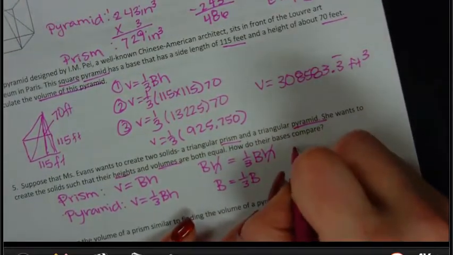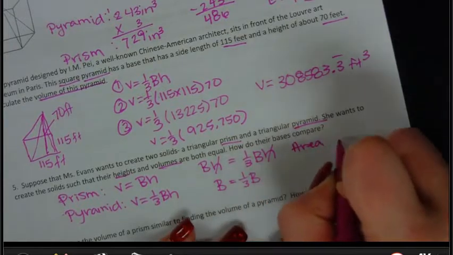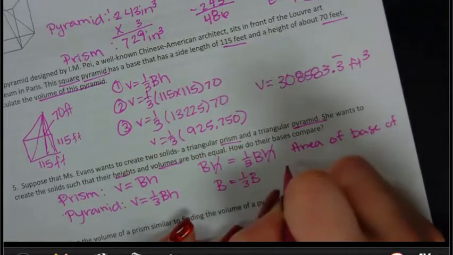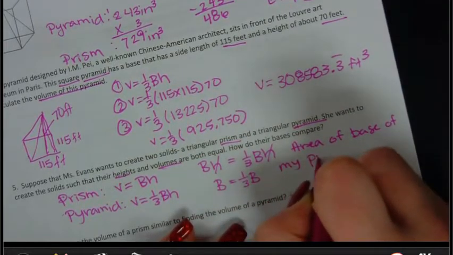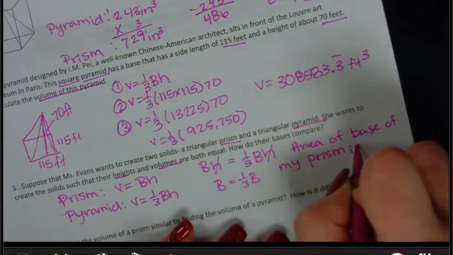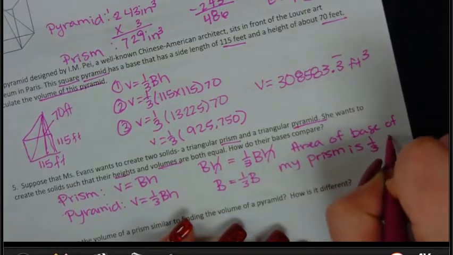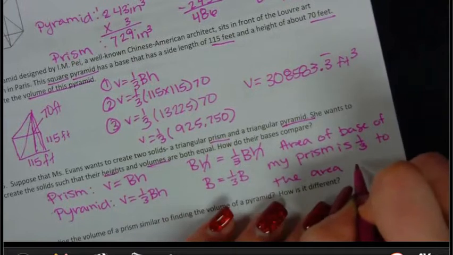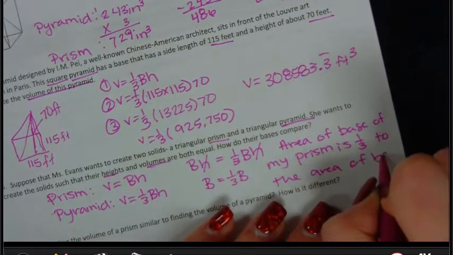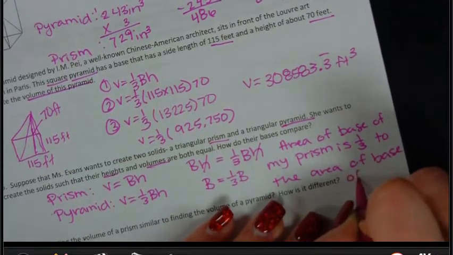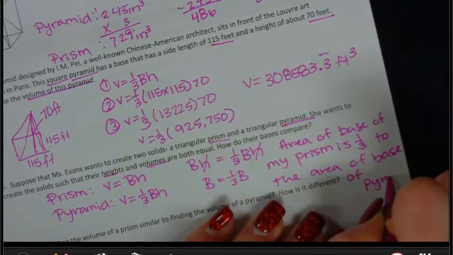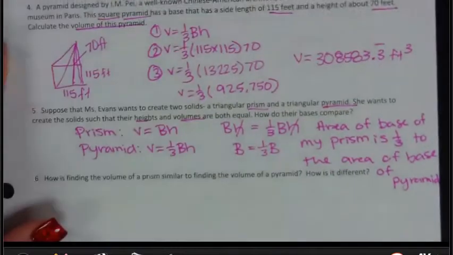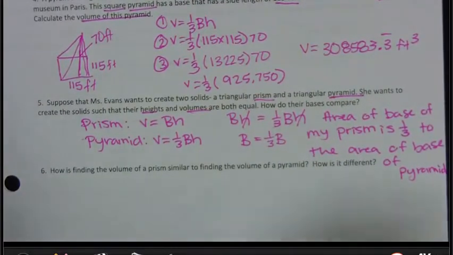So how my bases are comparing is that the area of the base of my prism is 1/3 the area of the base of the pyramid. Okay, so that's another way of how we get to that point.